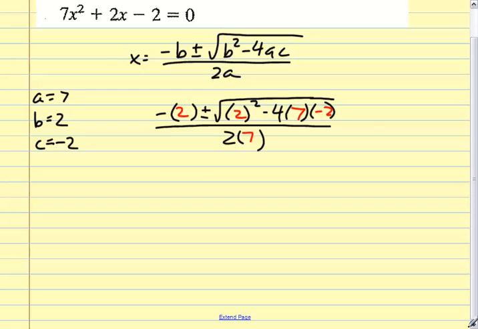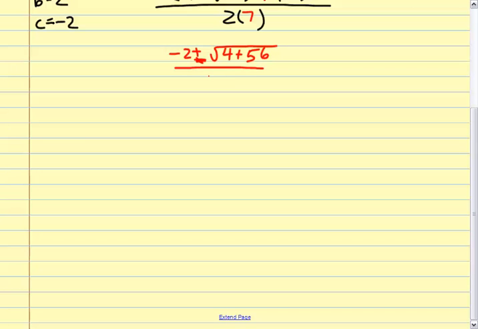Now that's going to give us negative 2 plus or minus the square root of what? The square root of 4 minus negative 56, plus 56, because I've got 2 negatives being multiplied. All over 14. So now I've got negative 2 plus or minus the square root of 60, all over 14.